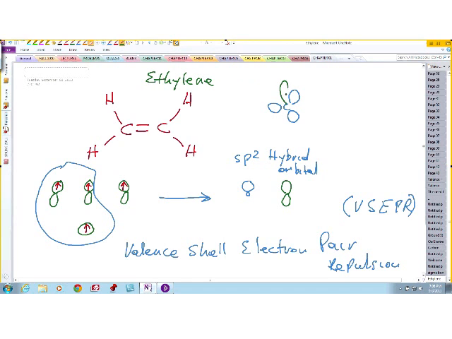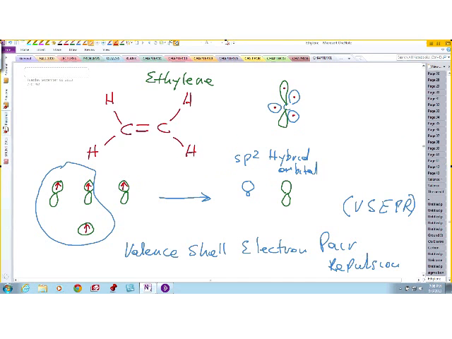So now you see I have this here. This carbon has one electron here. Let's put one electron here, one electron here in the sp2 hybridized orbital, one electron here.